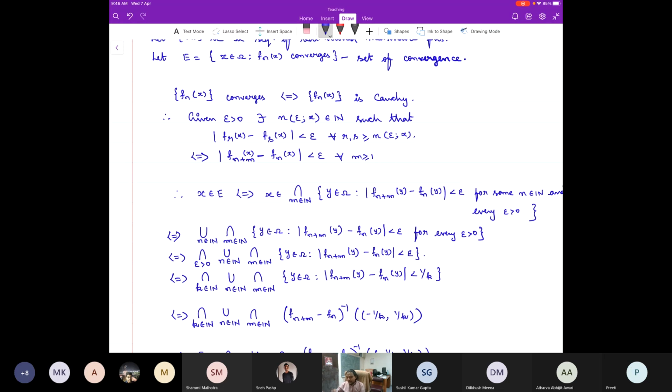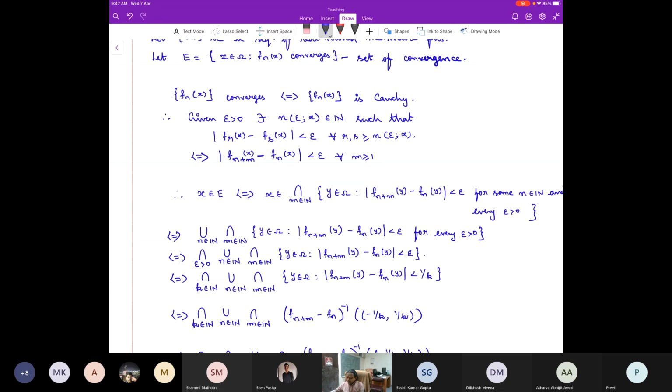Right. And therefore, once you have chosen x in E, so when you say what is E, all those x in omega such that fn(x) converges, right? So if x is a point of convergence, that is a point where fn(x) converges, then this is equivalent to saying that mod f(n+m)(x) minus fn(x) is less than epsilon for all m bigger than or equal to 1.